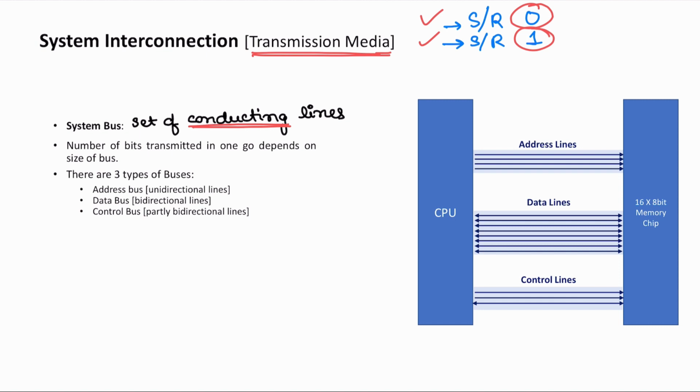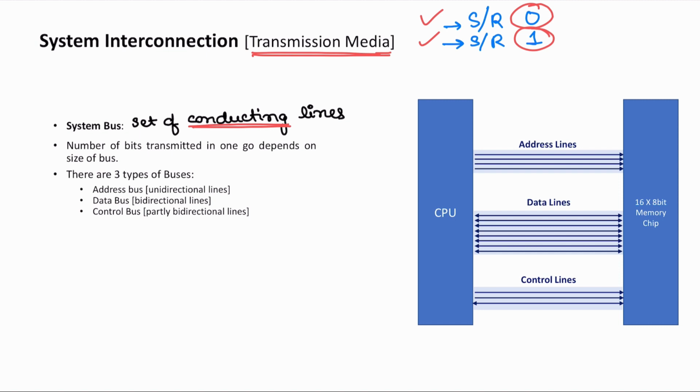Therefore we want to discretize the state of this line. A conducting line can be in two states: when current is flowing through it and when current is not flowing through it.